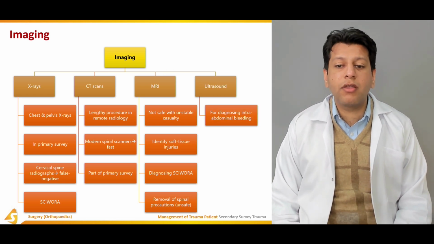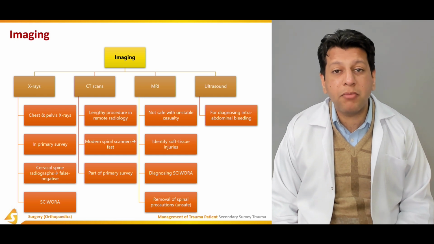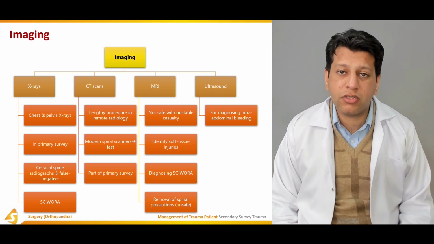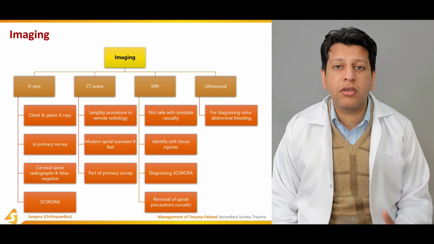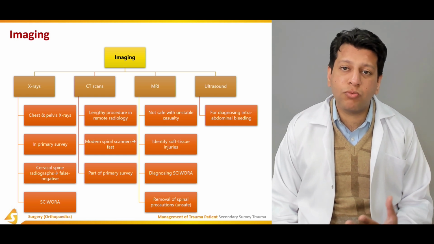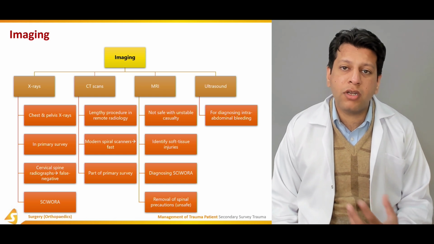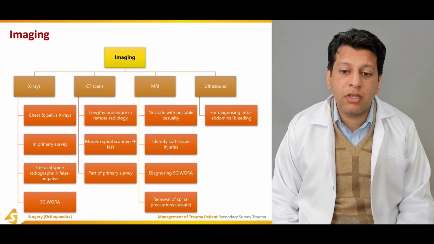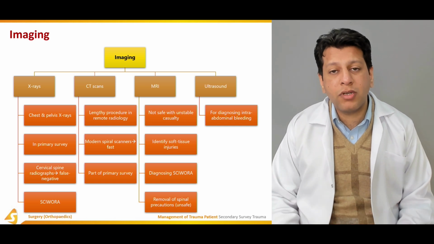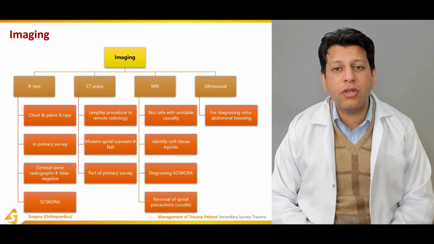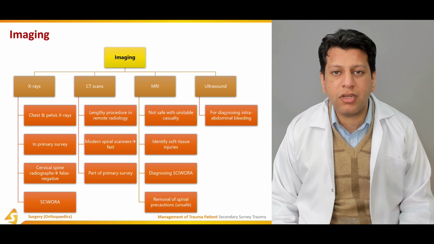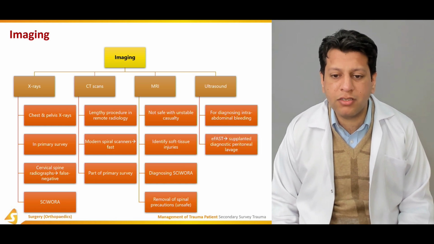Ultrasound is used for diagnosing intra-abdominal bleeding, and it's a part of the FAST scan as well, focused assessment with sonography for trauma patients. That is why it is done, to see whether intraperitoneal bleed is present or not. Once we're done with the primary survey, we can use ultrasound in the secondary survey as well to look for other intra-abdominal abnormalities.